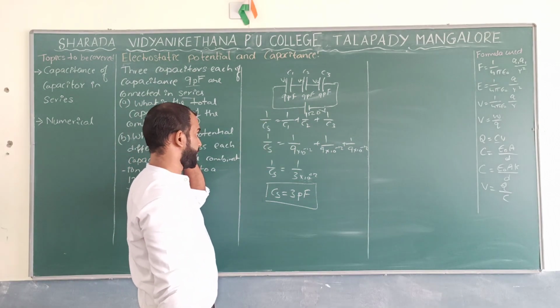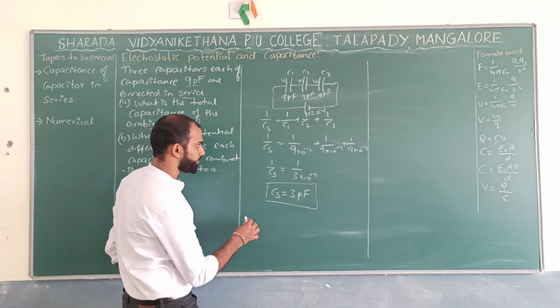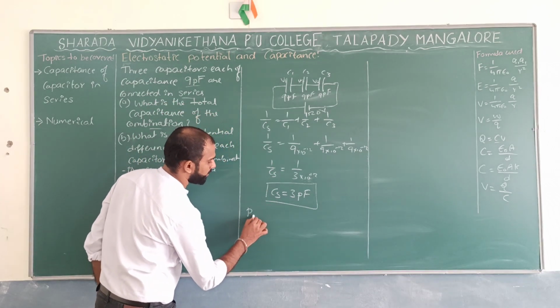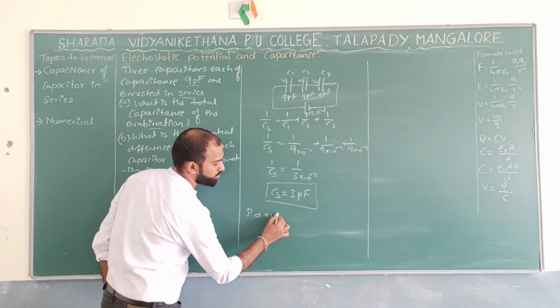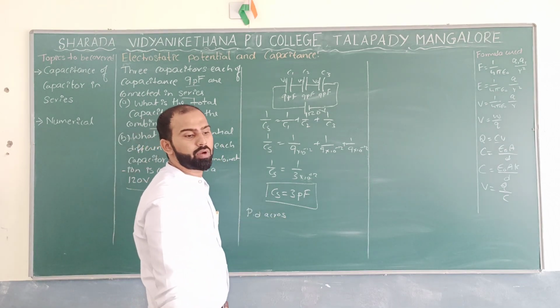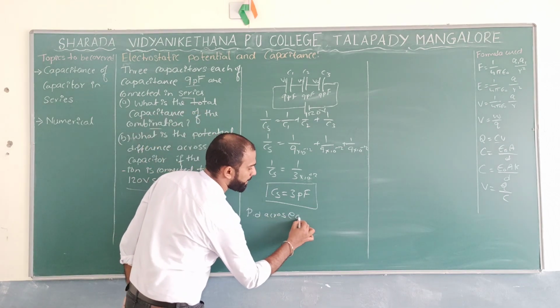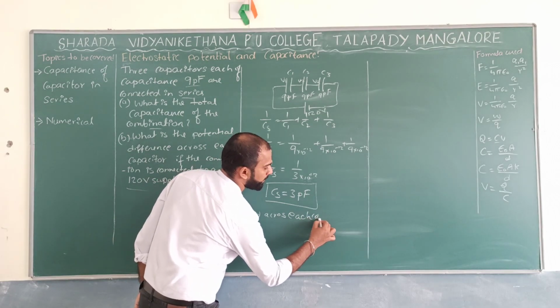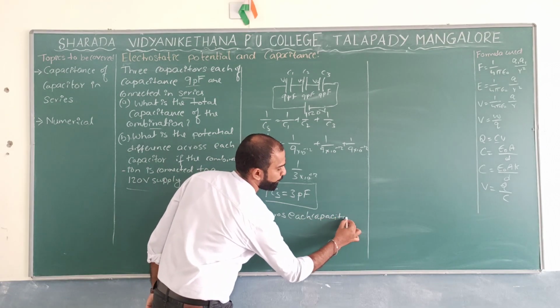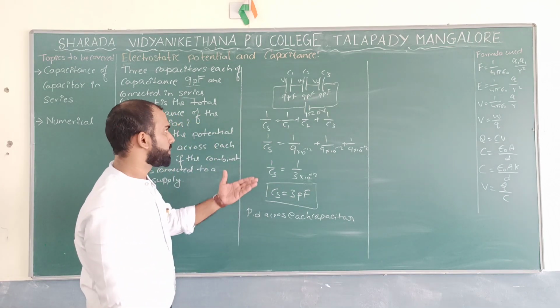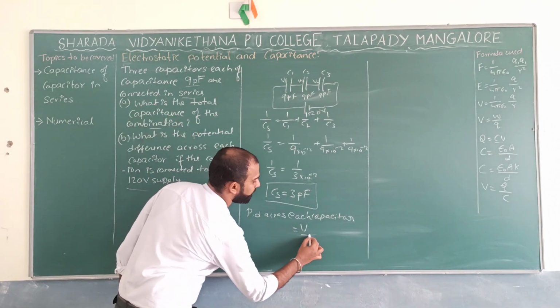So the potential difference across each capacitor, can I write this is nothing but V by 3?